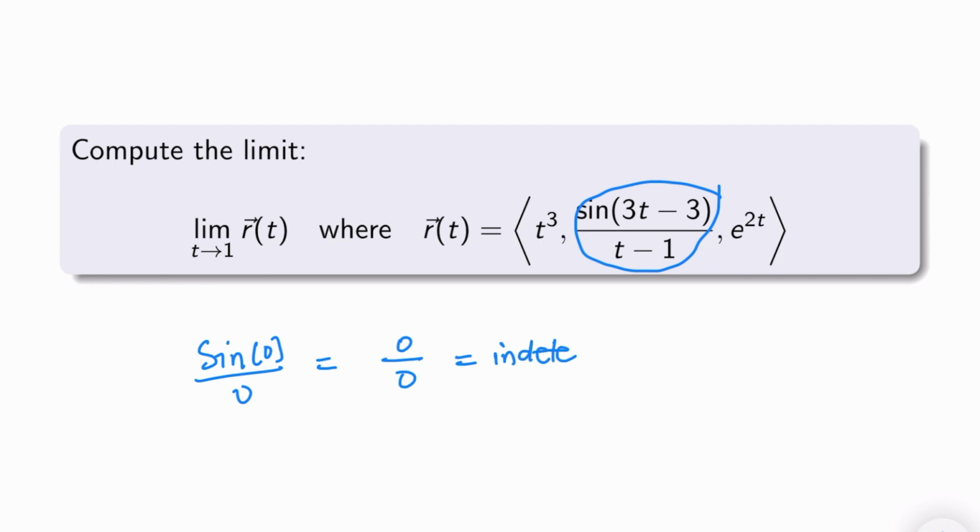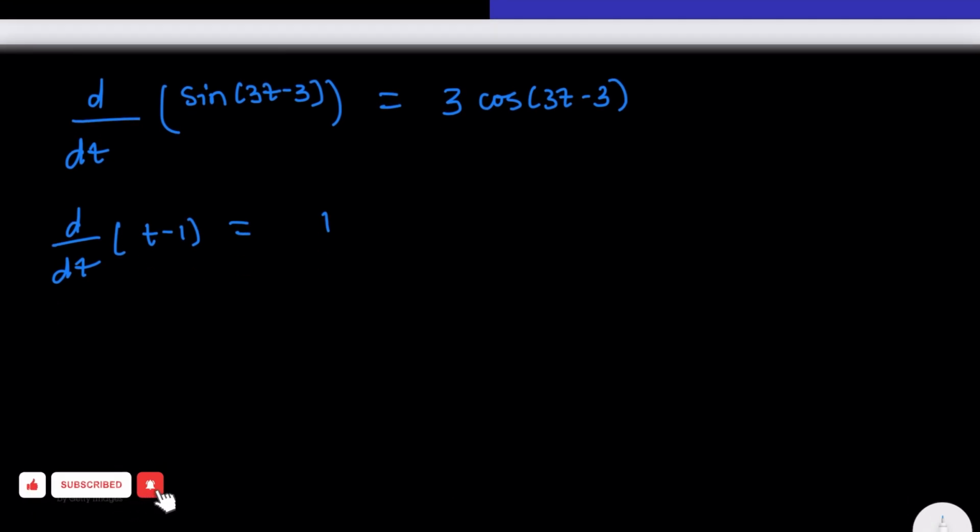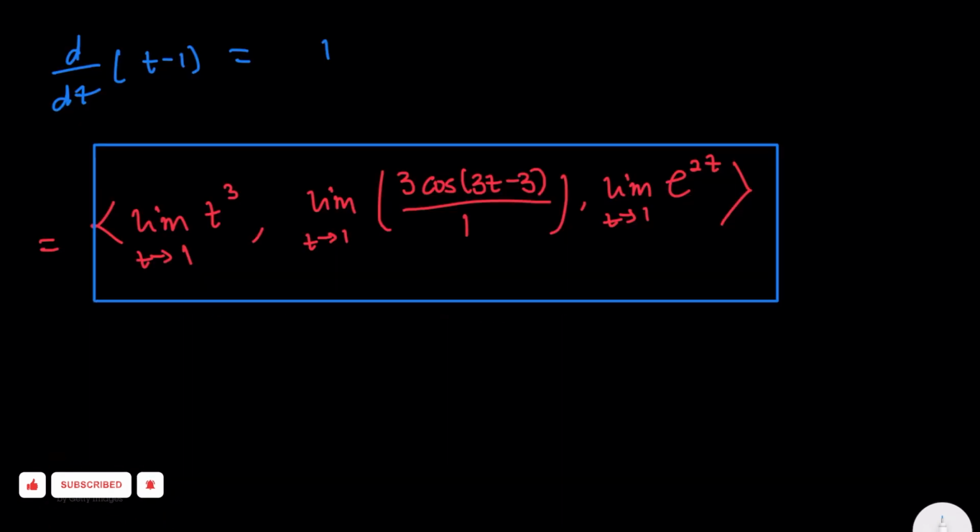So we have to use L'Hopital's rule to compute this. Differentiating the numerator gives 3 cosine of 3t minus 3. Thus we use the chain rule to differentiate this. Then that of the denominator gives 1.